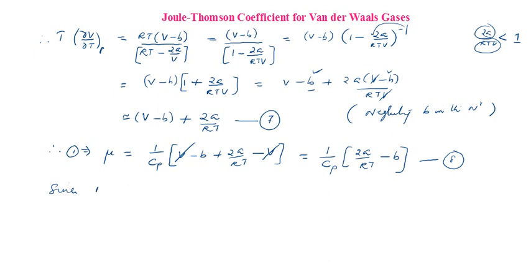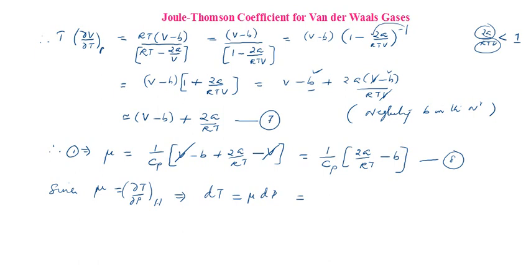Or, since mu is equal to dou T upon dou P at constant H, I can rewrite this expression as dT, because we have already maintained H as constant in the derivation. So finally dT is equal to mu into dP, and I can substitute for mu from expression 8.